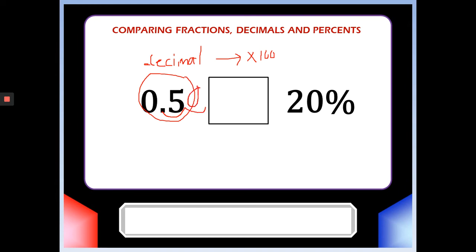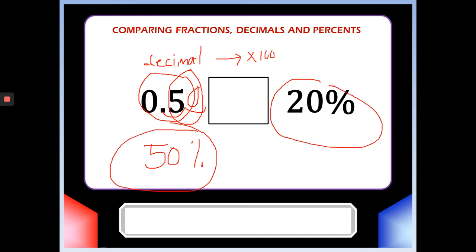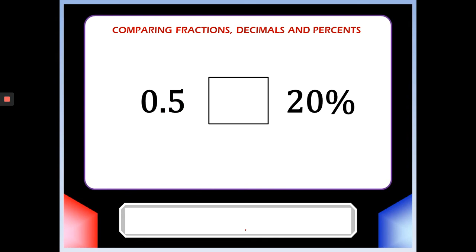So there's 0 there. And so our percentage here is 50%. Right? So 50% and 20%, which is greater? Of course, 50%. So our answer there is more than. All right, easy, yeah? Okay, let's try another one.